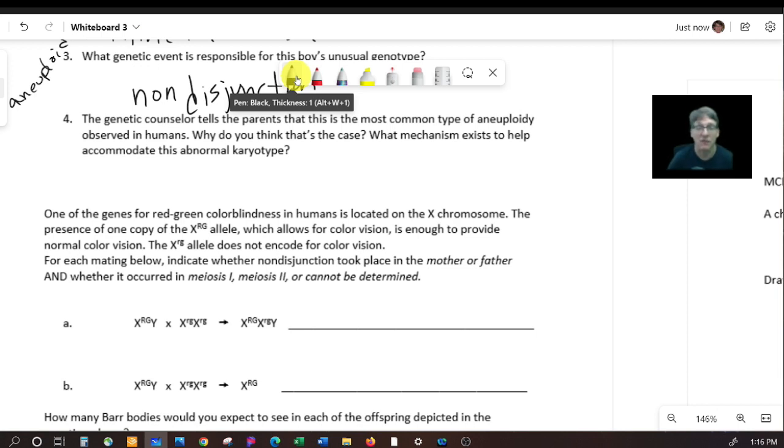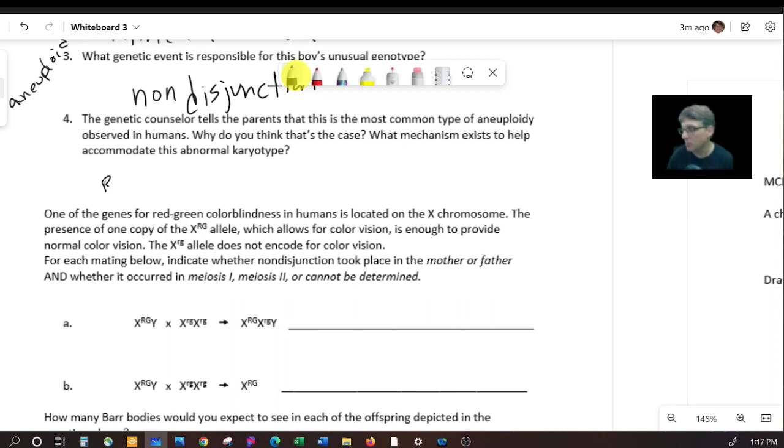It is essentially inactive. But because we have this dosage compensation mechanism already evolved and in place within females, we're able to tolerate and deal with differences in chromosome content with our sex chromosomes better than we can with our autosomes, or those chromosomes that we number 1 through 22 that everybody has 2 copies of.